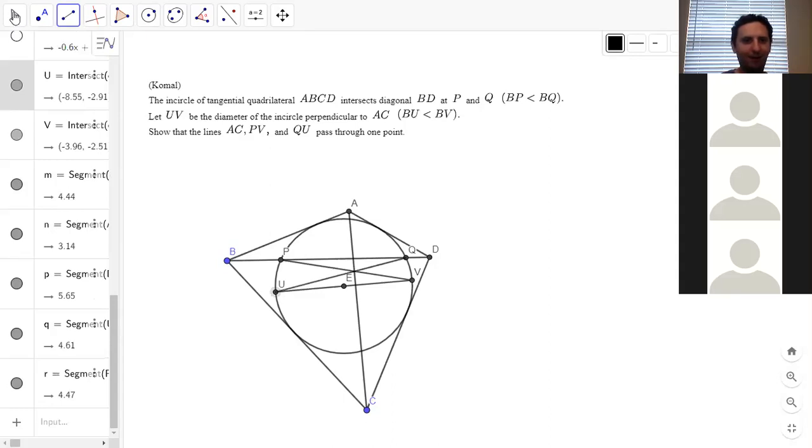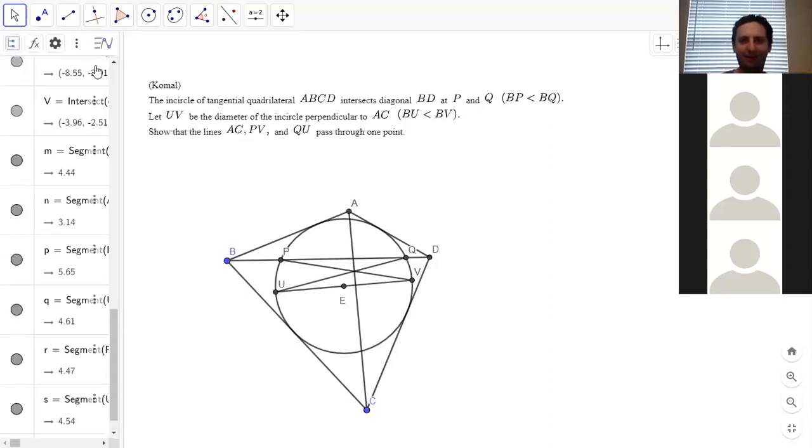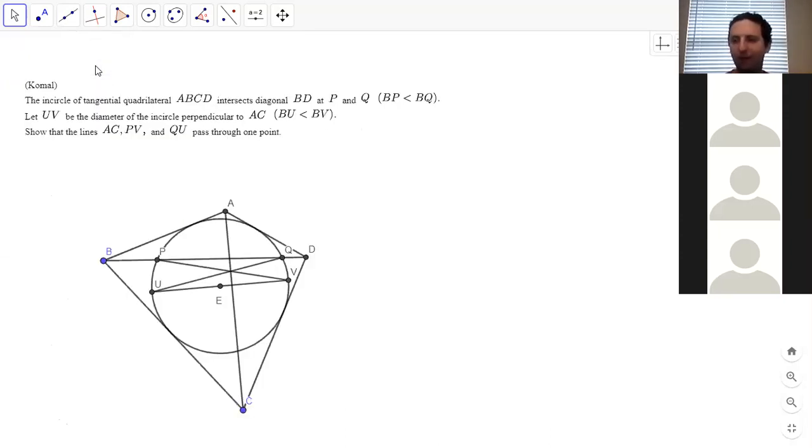Isn't this a fun problem? It's pretty simple to state, isn't it? So we have about 14 minutes. Let's see if we can do it.